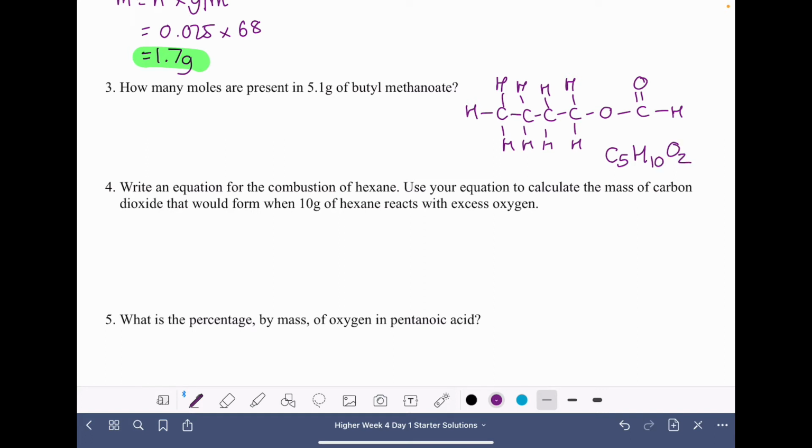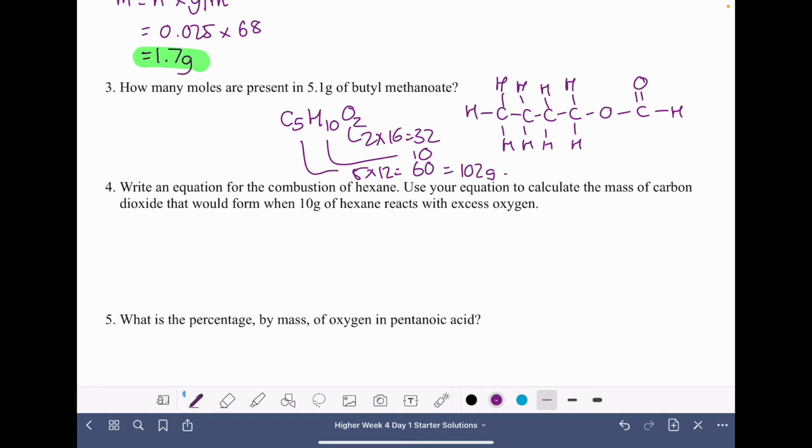So if we add that together, we've got 2 16s are 32 plus 10 plus 5 12s are 60, so 70, 102. So that's how much 1 mole weighs.